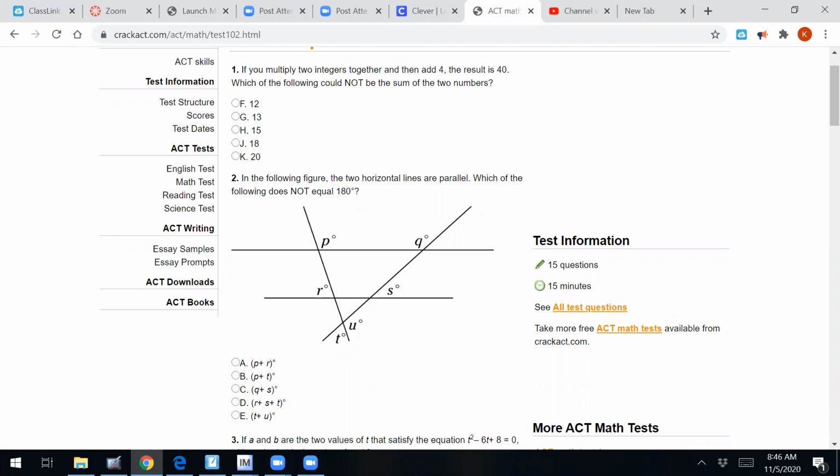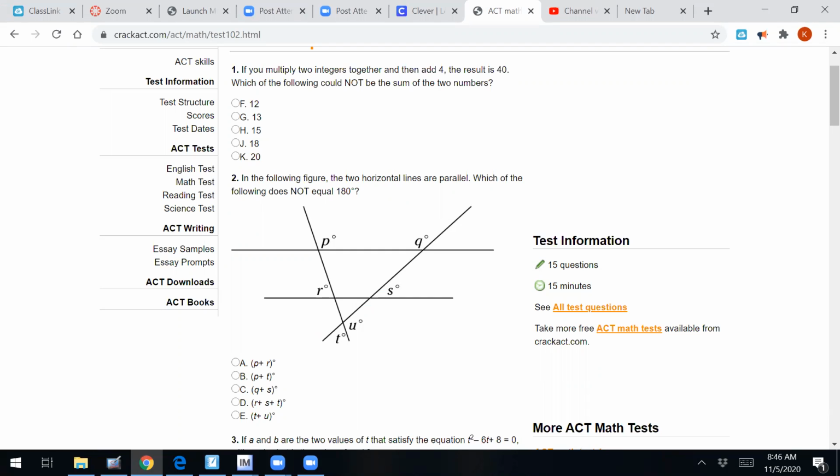So, okay, number one: if you multiply two integers together and then add 4, the result is 40. Which of the following could not be the sum of the two numbers?